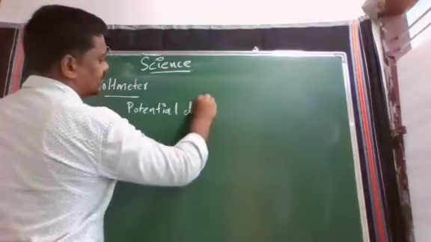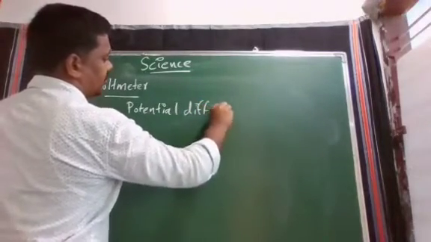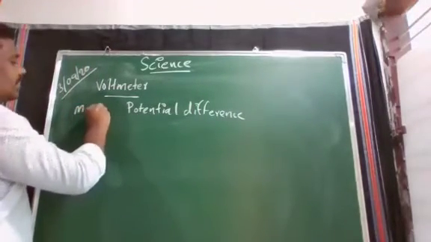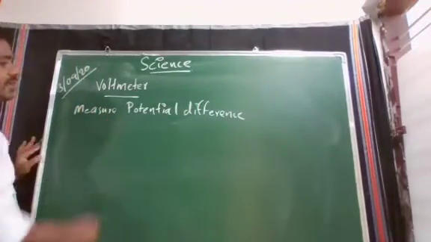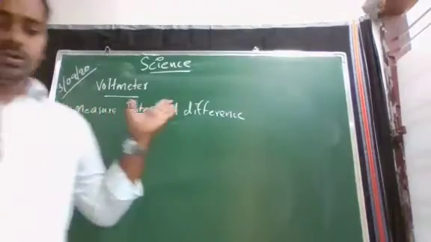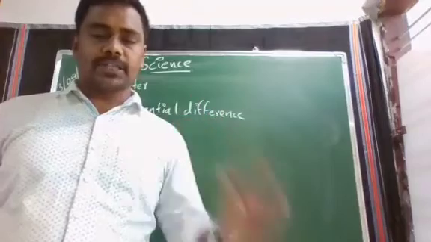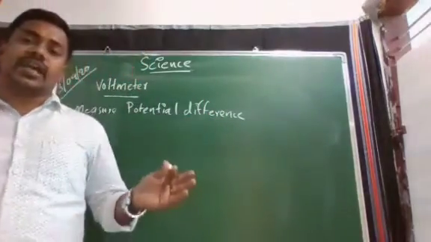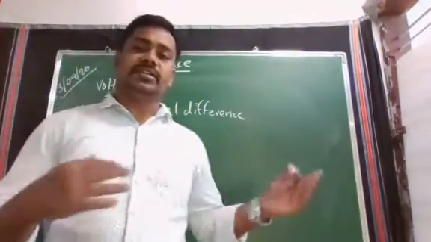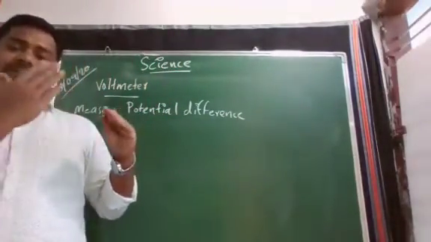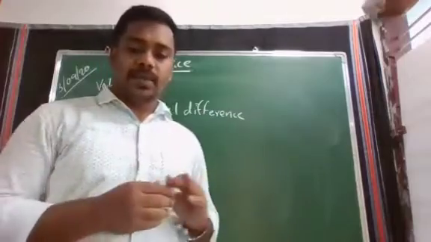Ammeter is connected in series, and this voltmeter is connected in parallel, in parallel to the points between which we have to find the potential difference.